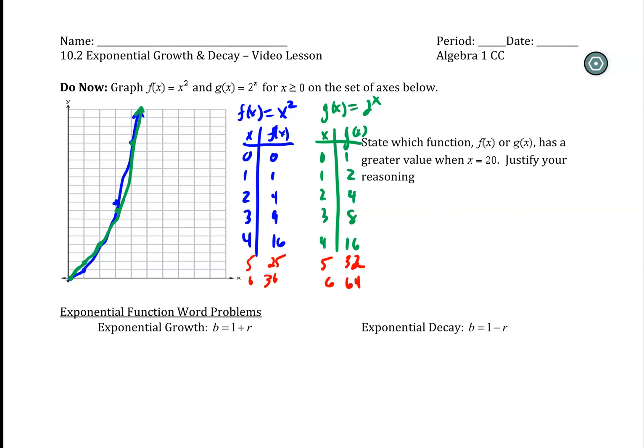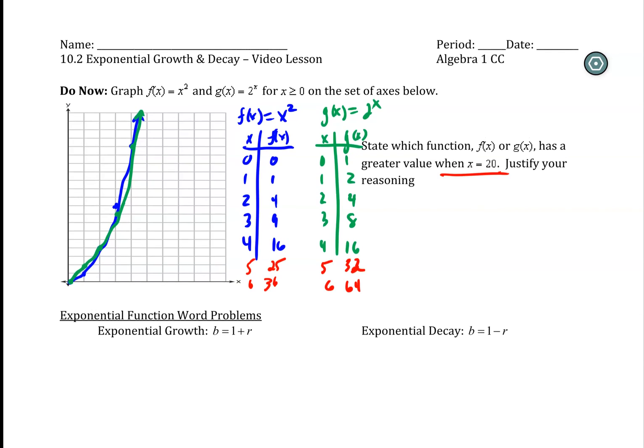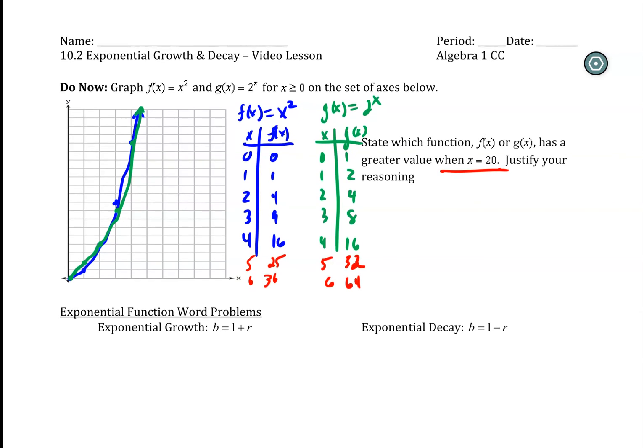So if you took them to find something like this, where it says, what's the value when x is 20, we could just plug them in, because based on here, it looks like this will be off our graph anyway. So for f of x, if I plug 20 in, I get 20 squared, which is 400.